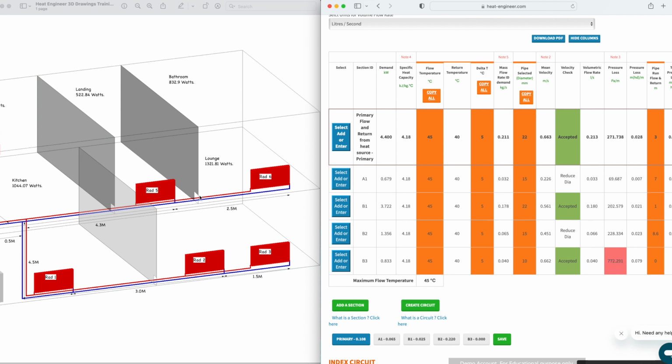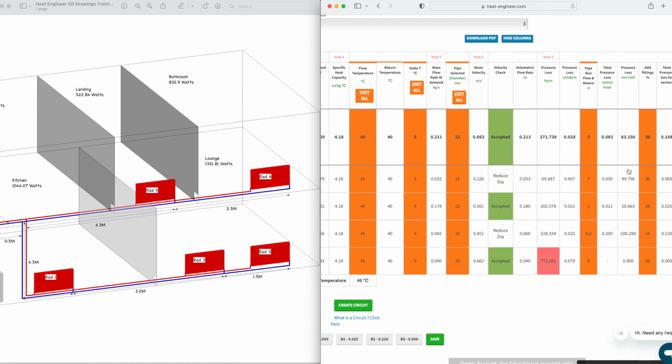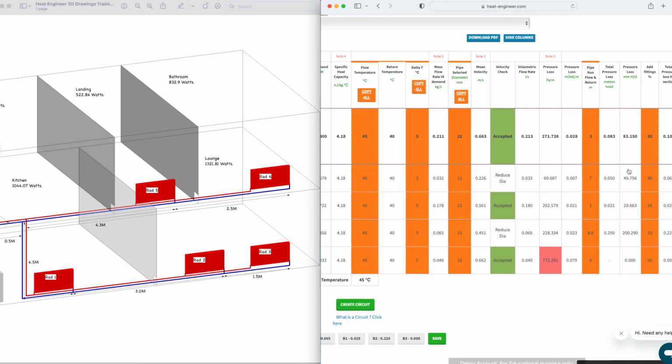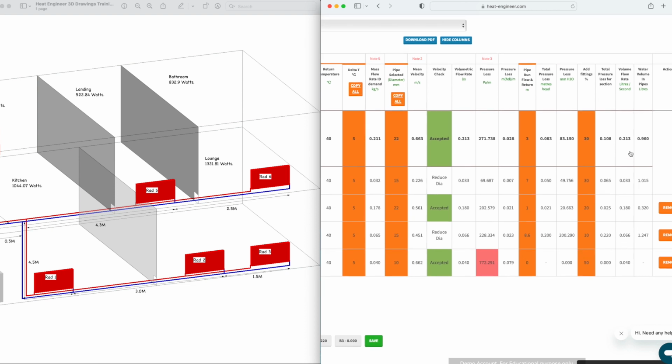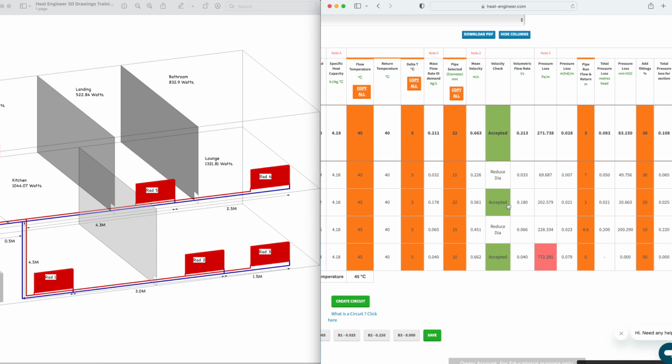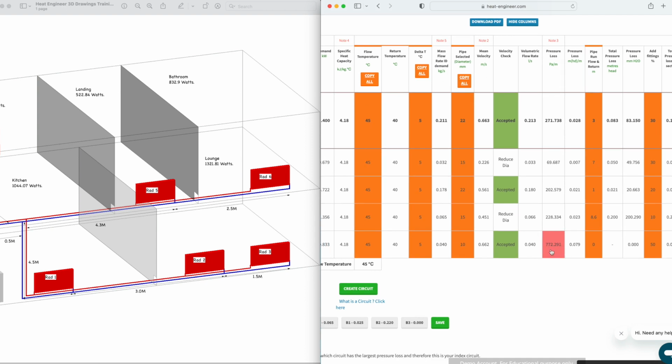Now, if that was existing and you couldn't change that pipe work, would it still work? Well, what's your flow rate on there? So I'm just trying to find where I'm at now. Yeah, so your volume in litres per second, you're still very, very low. So that would work. And don't forget, 772 pascals.